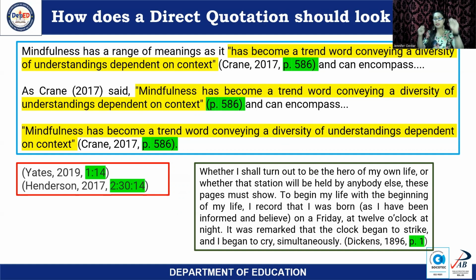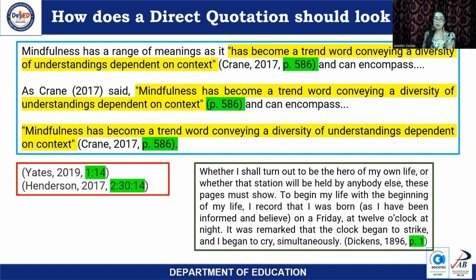So you see already which part of the statement is a direct quotation. It is from Crane 2017, page 586, and can encompass, as Crane 2017 said, mindfulness has become a trend word conveying a diversity of understandings dependent on context. P586 and can encompass. Okay, so it could appear in that way.